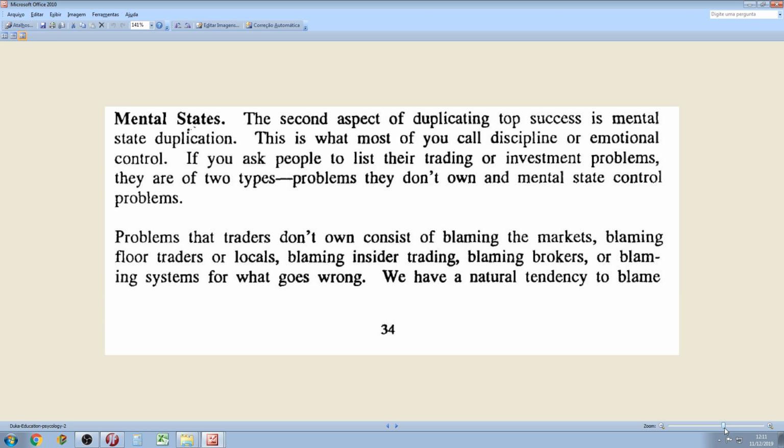Problems that traders don't own consist of, everybody, blaming the markets, blaming traders or locals, blaming insider trading, blaming brokers, blaming the central banks, blaming the systems or strategy, blaming the teachers or mentors, or blaming the cats and the dogs for what goes wrong.